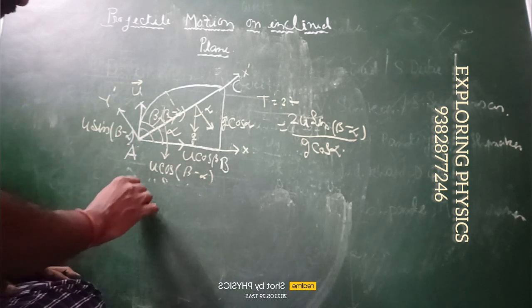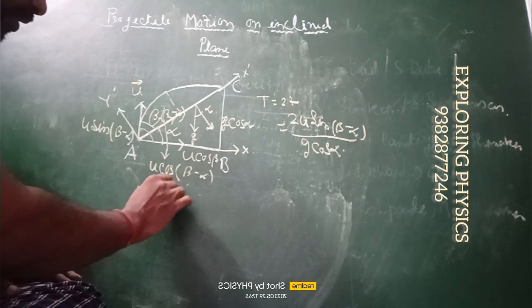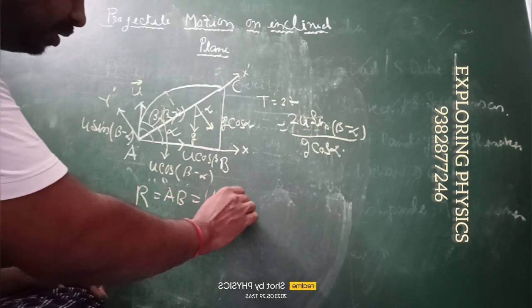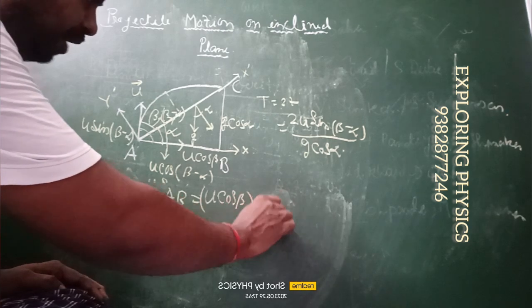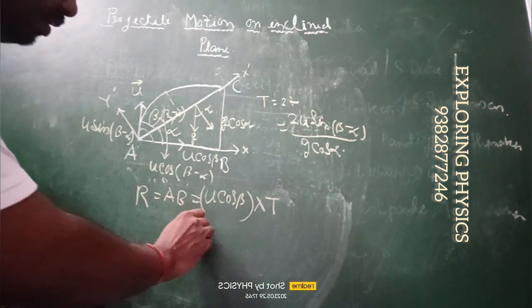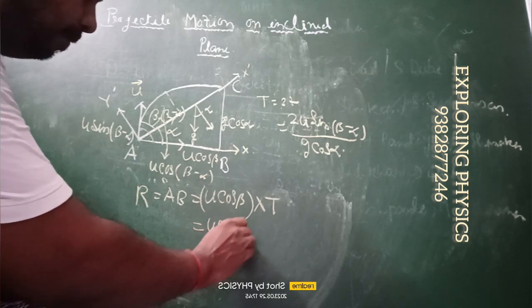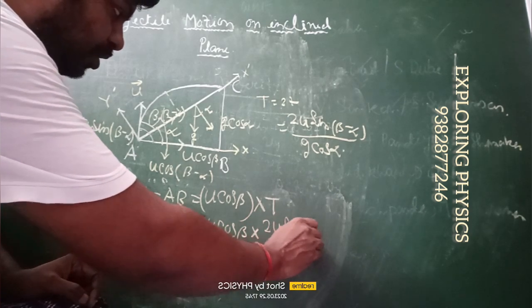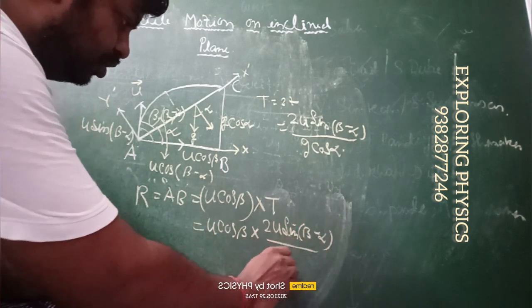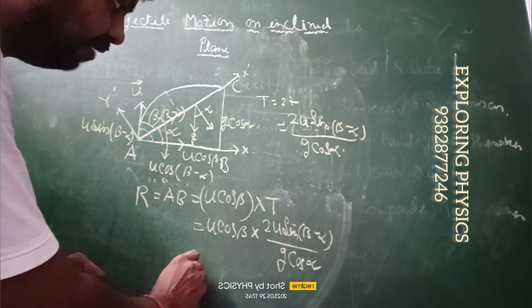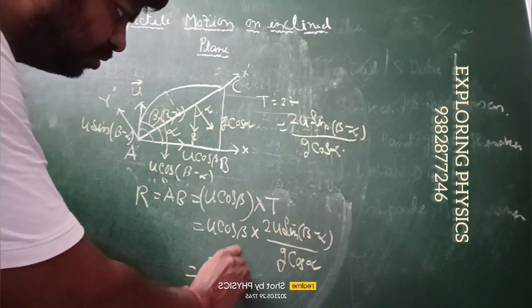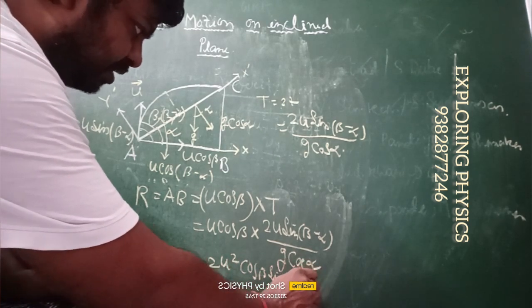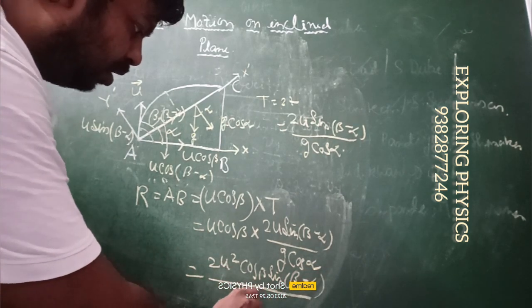Now let's move on. R, that is the range AB, equals u cos beta into the total time of flight, that is T. So u cos beta into 2u sine of beta minus alpha by g cos alpha gives 2u square cos beta sine of beta minus alpha by g cos alpha.